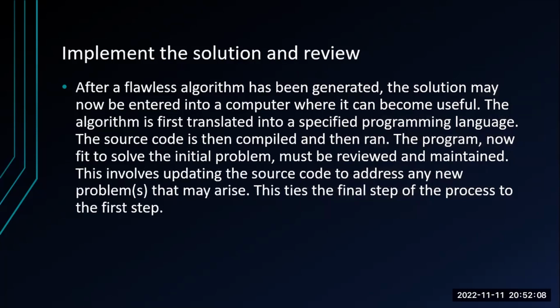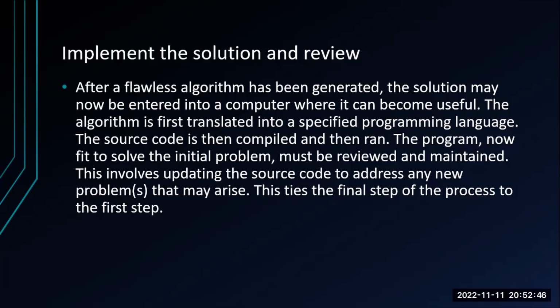And then for the final step, after a flawless algorithm has been generated, the solution may now be entered into a computer where it can become useful. The algorithm is first translated into the specified programming language, which in this course would be the C language. The source code is then compiled and run, and the program, now fit to solve its initial problem, must be reviewed and maintained.